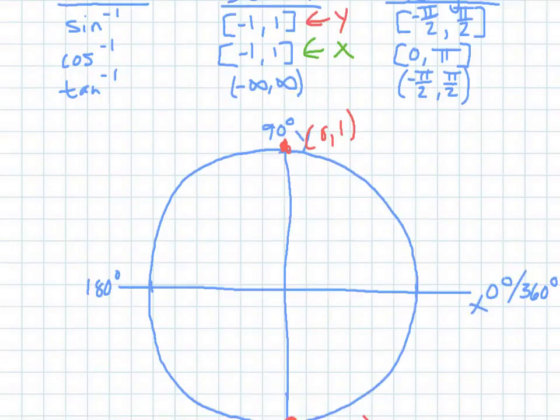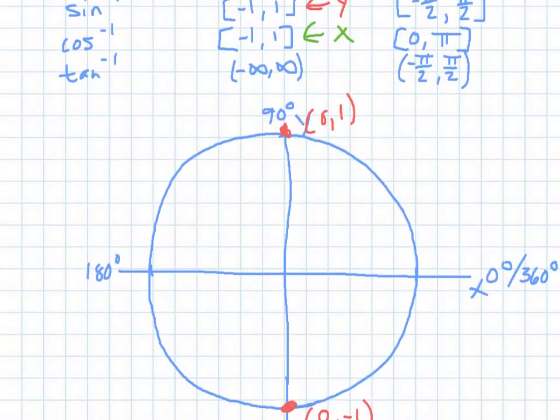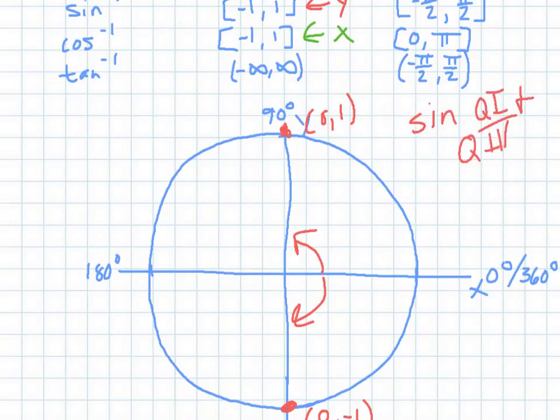So that restriction, you're only going to go from -90 all the way around. So sine covers the first and the fourth quadrants. Okay, so it's in this quadrant and that quadrant.